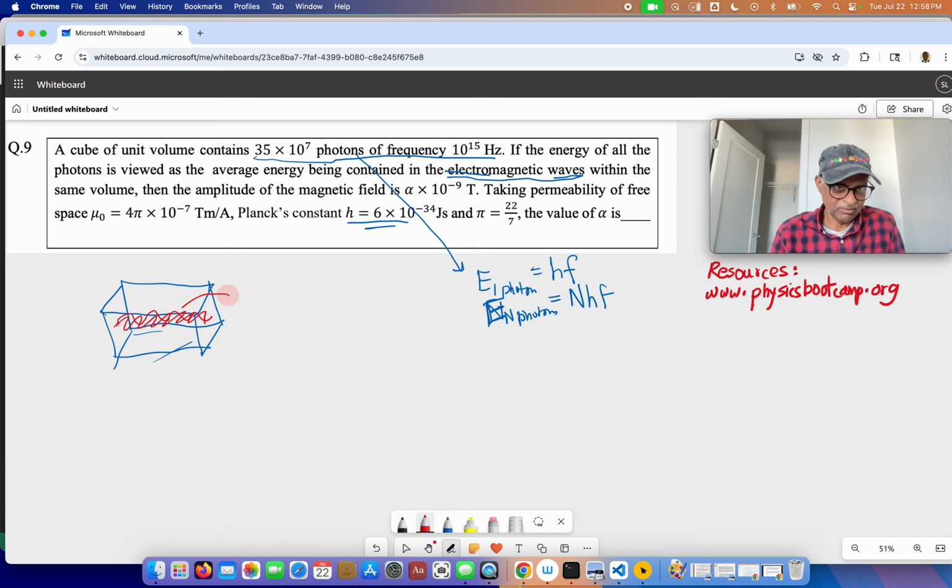So you'll have the energy in the waves equal to the energy in the electric wave plus the energy in the magnetic wave. And you're supposed to say that this is equal to this average total energy.